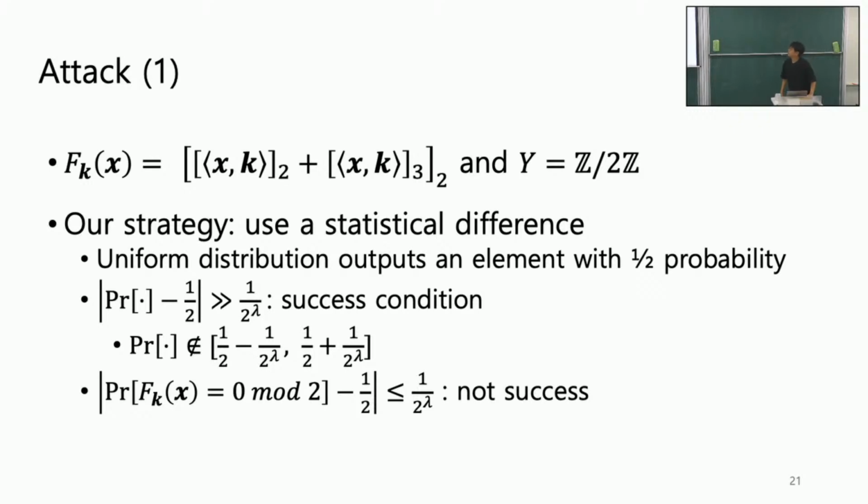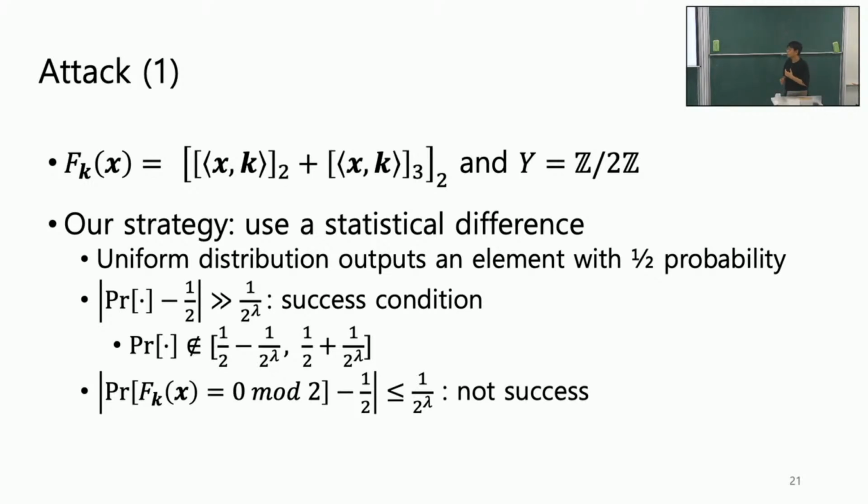Okay, let's see the first attack on fk of x. As I said, maybe it is secure against algebraic attacks, so our basic strategy is to use a statistical difference between two joint distributions. Note that uniform distributions always output an element with 1/2 probability. So we want to find some event dot such that the difference is sufficiently larger than 1/2 to the lambda.